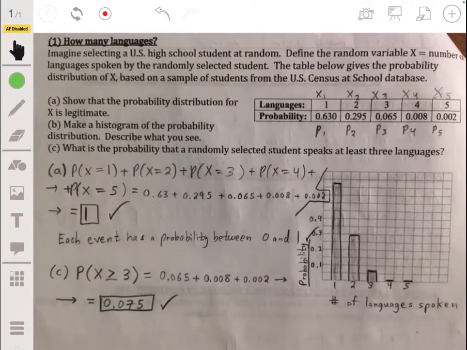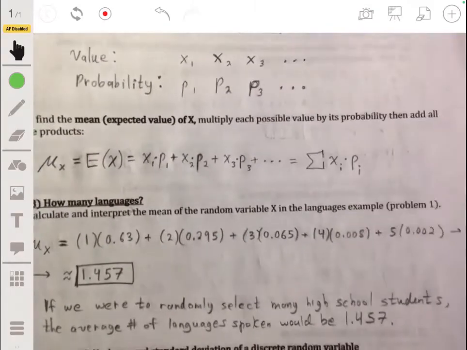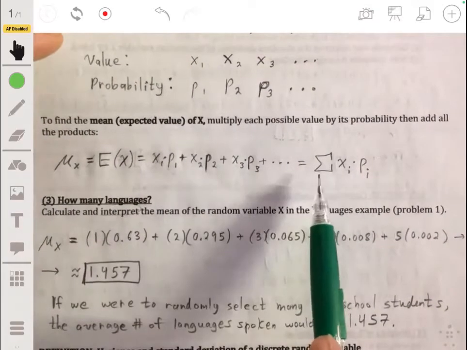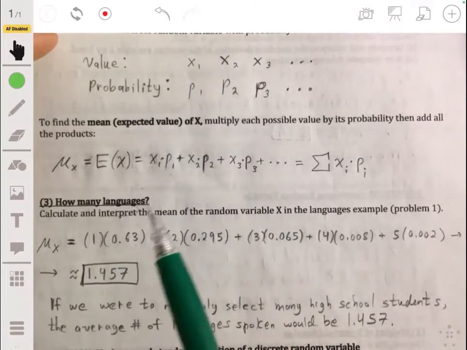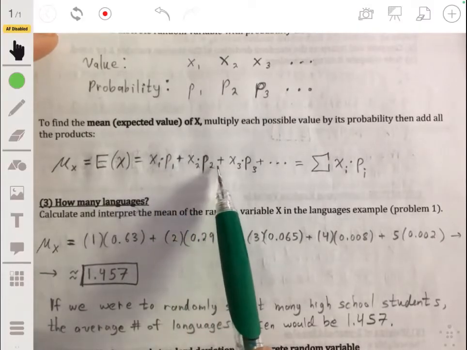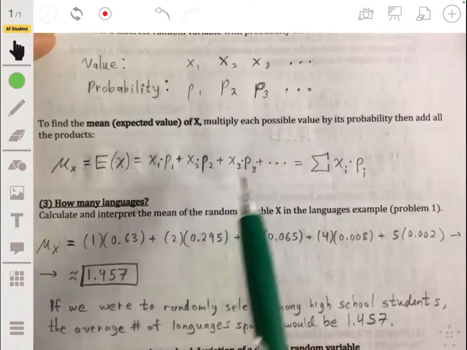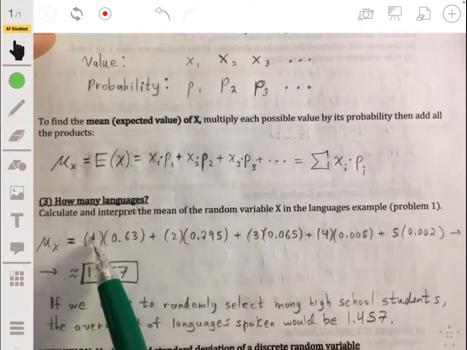We would then calculate the expected number of languages that a student spoke by using the formula that I just went over. So it would be, again, x1 times p1 plus x2 times p2 plus x3 times p3. We multiply the corresponding probabilities by the number of languages.